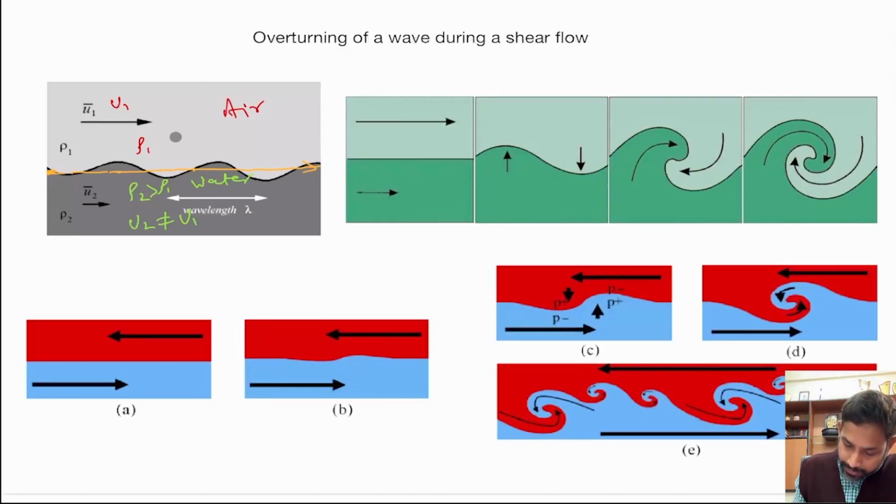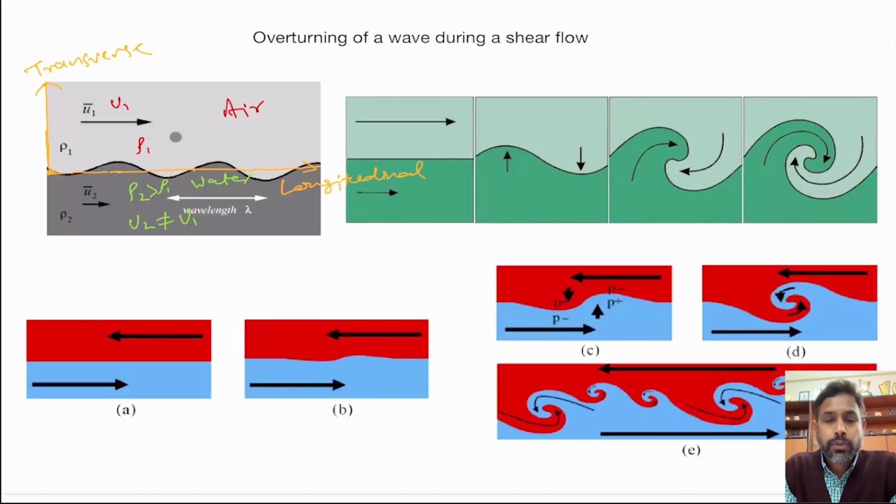So what you see horizontally is the longitudinal direction, and what you see vertically is the transverse direction. When the majority of velocity is in a particular direction, that is called longitudinal, and the direction normal to the primary flow is known as the transverse direction.